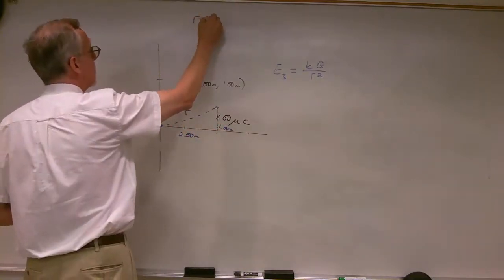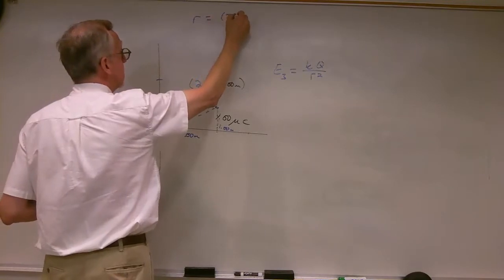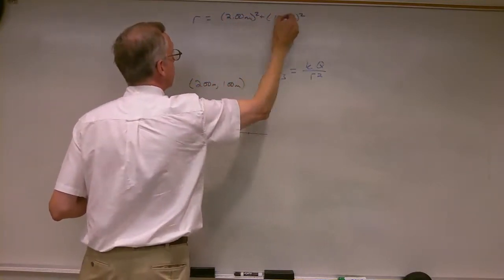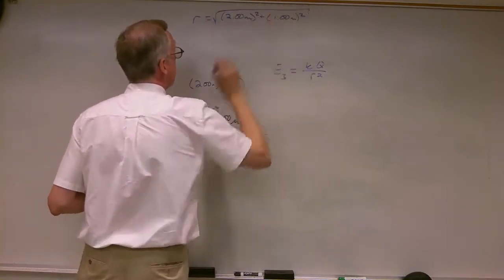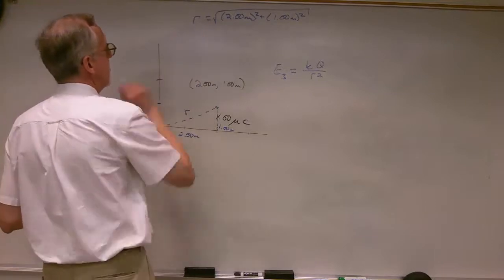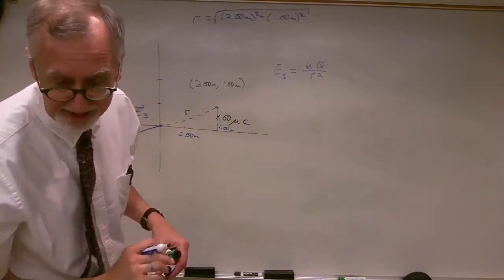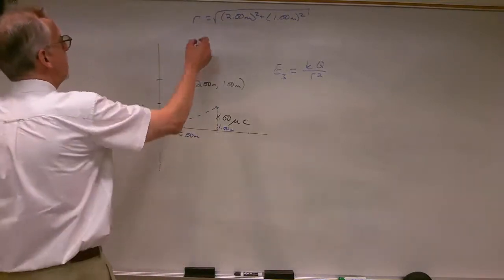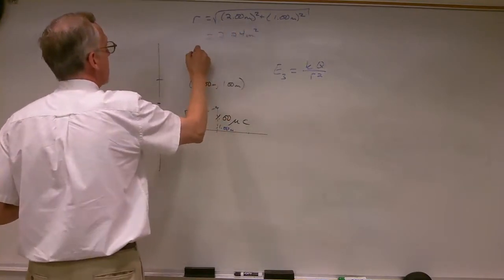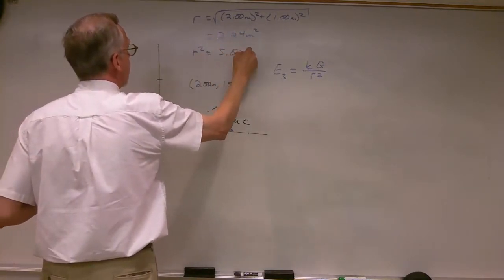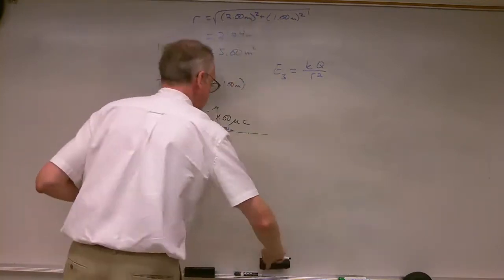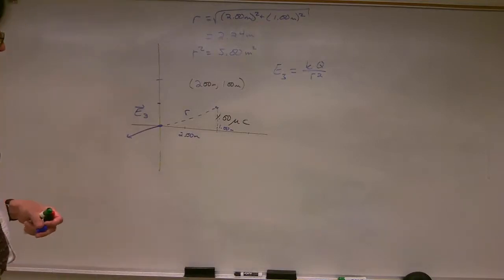So R is going to be the square root of 2 meters squared plus 1 meter squared. 2 squared is 4, plus 1 is 5, root 5, which is 2.24. So R is 2.24 meters, and R squared is 5 meters squared.